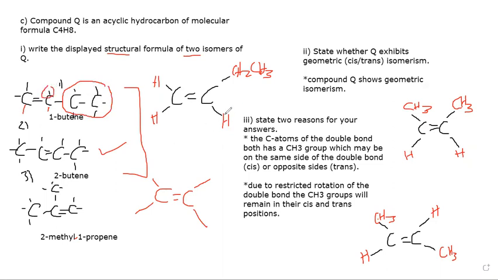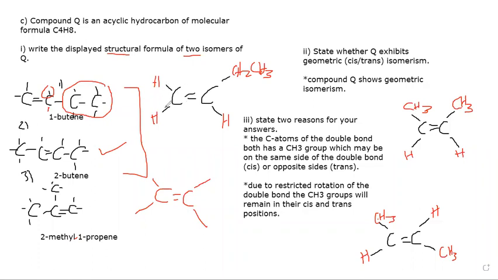So here you have the hydrogen and you have the ethyl group, CH2, CH3. And this carbon atom of the double bond, all it has attached are 2 hydrogen atoms.